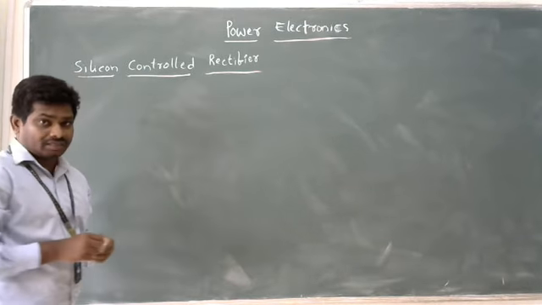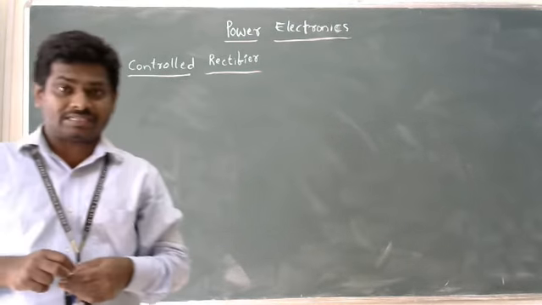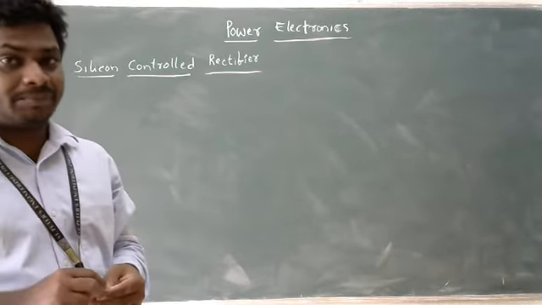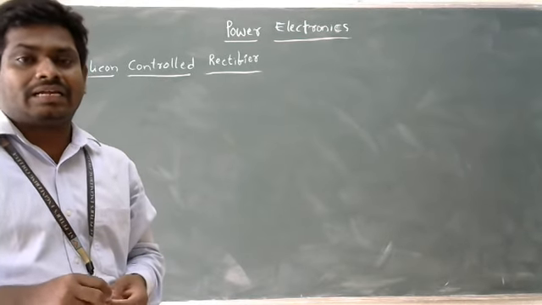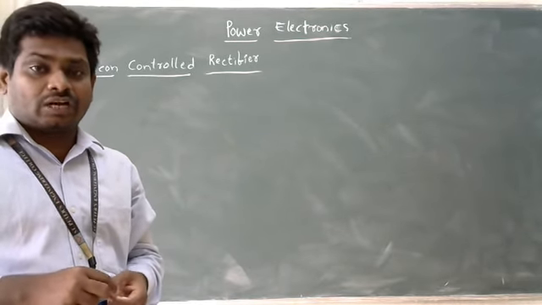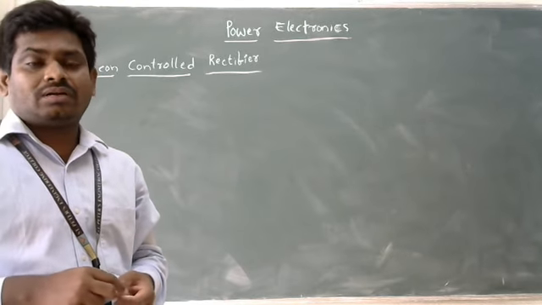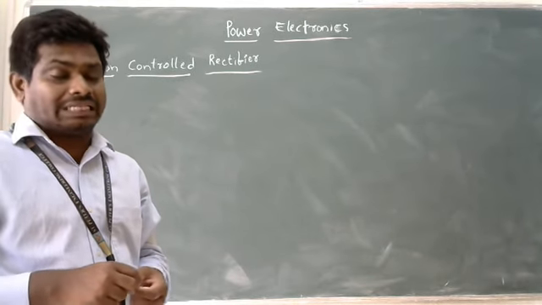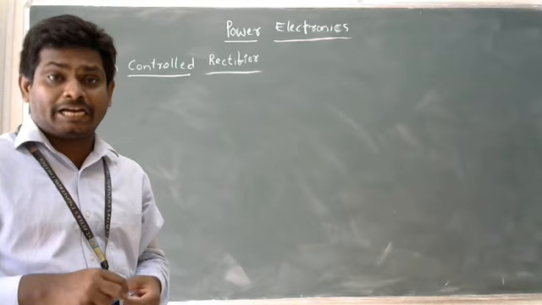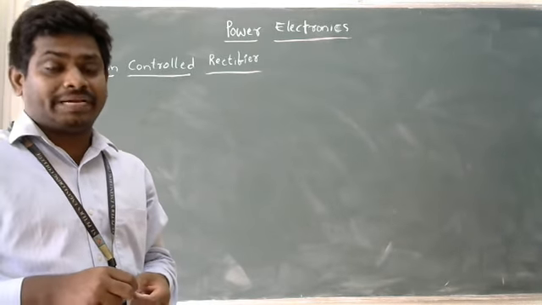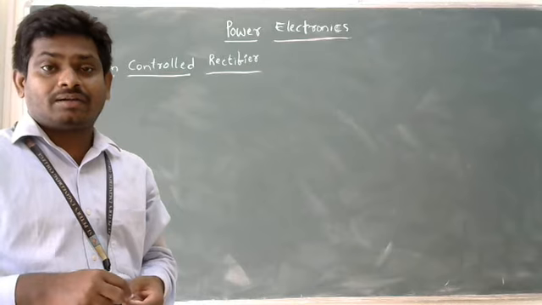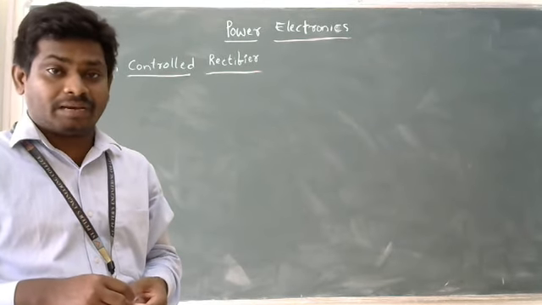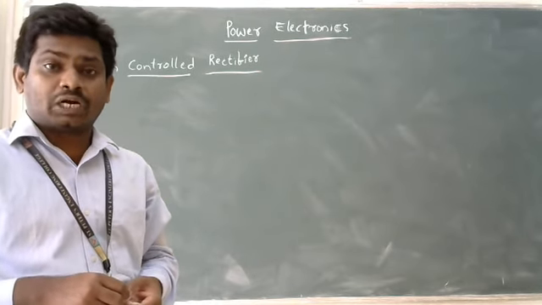And because of three terminals available for this device, the extra terminal, that we call the gate terminal, is there for the device. When you compare with the diode, this gate terminal is made for controlling purpose, meaning whatever output values you get from that device will be in terms of control values.